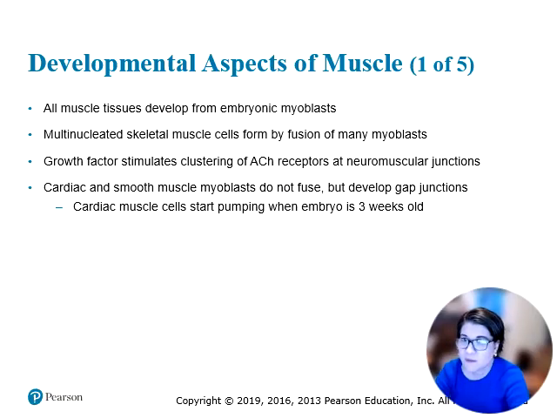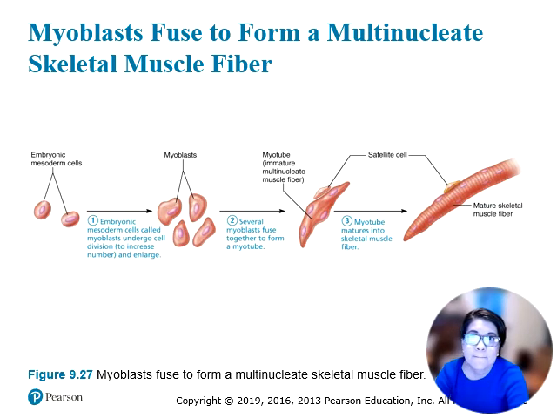So growth factor is going to make you make more ACh receptors so that you're more likely to contract your muscles. And then cardiac and smooth muscles don't fuse, they stay separate, but they develop gap junctions. And the baby's heart starts pumping when it's 3 weeks old. It's one of the first organs that starts working right away in an embryo.